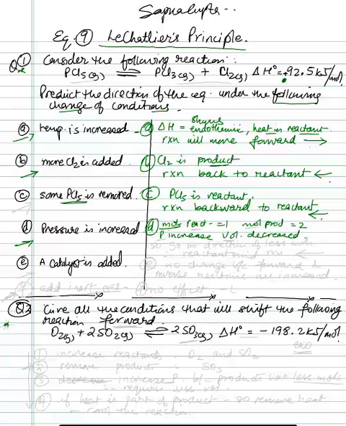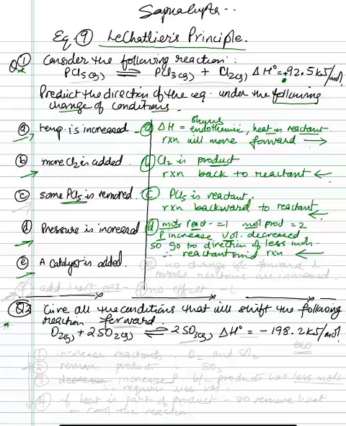If volume is decreased, you cannot have more moles in there, which means you have to go in the direction of fewer moles. Therefore, in this case, the reaction is going to the reactant side. So with pressure, you have to look at the volume, and for volume, you have to look at the moles.